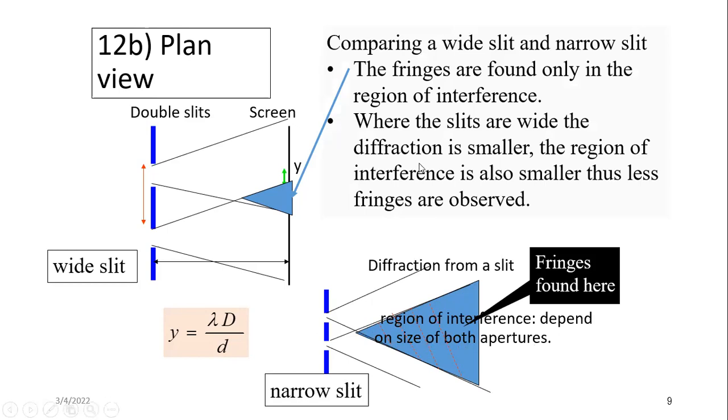Just to show you, a wide slit gives less diffraction, a narrow slit gives more diffraction. This region of interference is only where the waves from S1 and S2 will meet. So the region of interference for a narrow slit is larger, that's all.